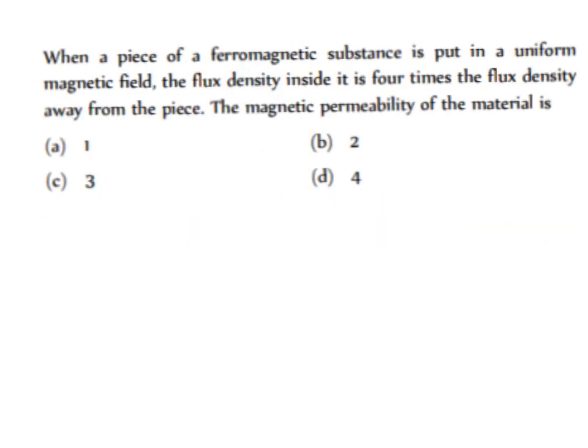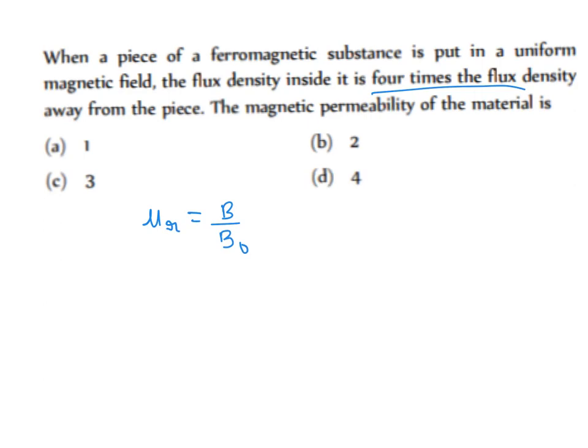Okay, so next problem says that when a piece of a ferromagnetic substance is put in a uniform magnetic field, the flux density inside it is 4 times the flux density away from the piece. The magnetic permeability of the material? You know that the relative permeability mu r equals B divided by B naught.